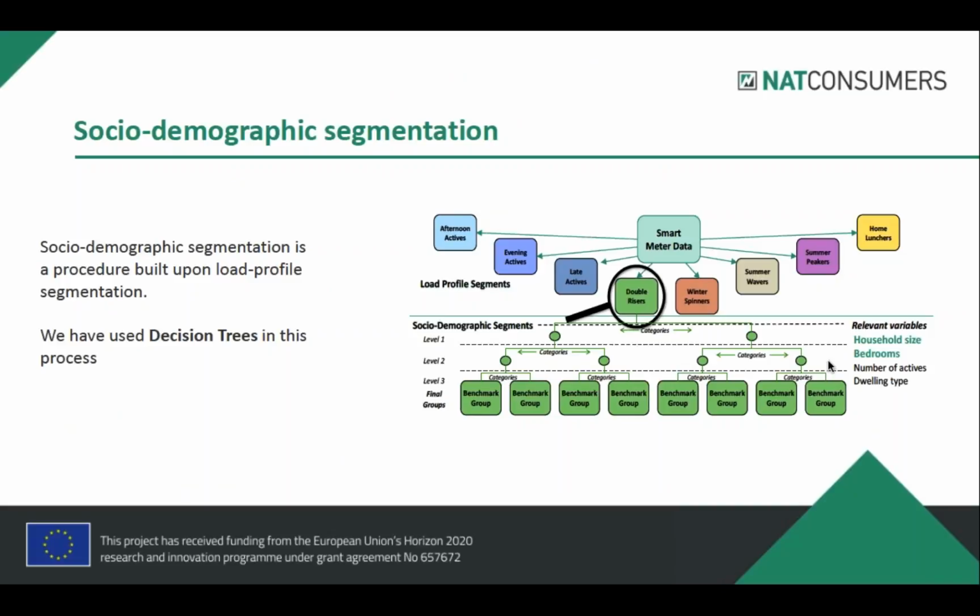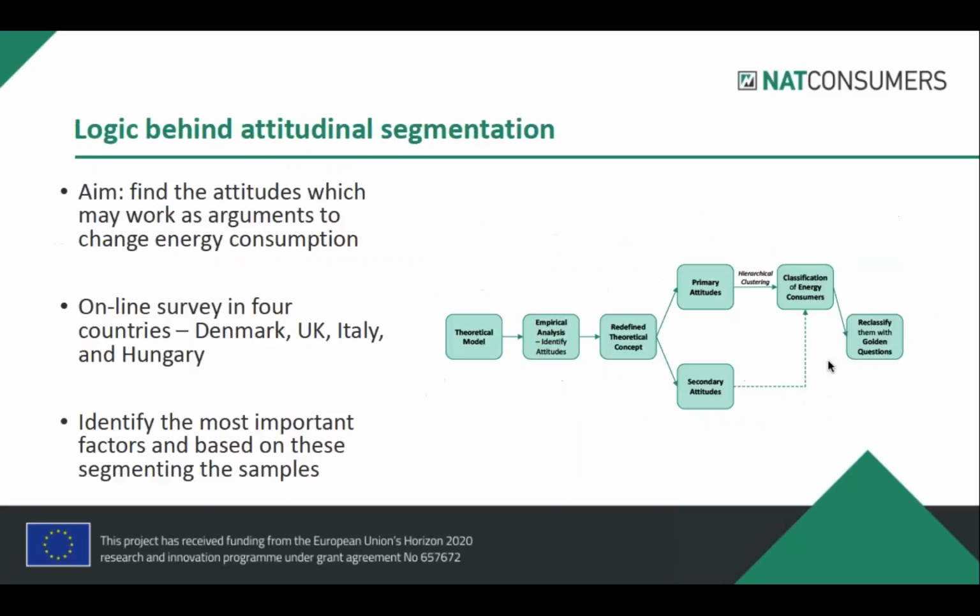The relevant variables in these models are the household size, how many bedrooms they have, how many actives they had, or the dwelling type. So we mainly use these variables to make different segments under the low profile segmentation. And these two segmentations give the benchmark segments.